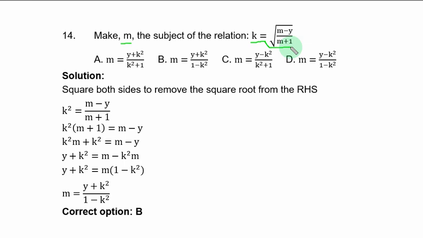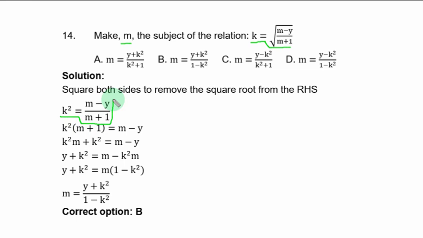To do that, you simply square both sides. So you have k squared equal to, since squaring both sides removes the square root sign from the right hand side, m minus y over m plus 1.